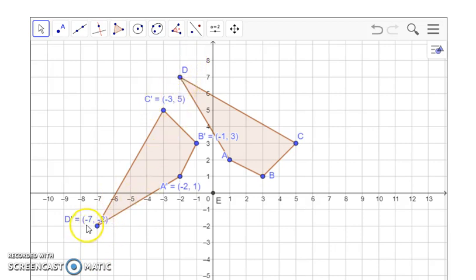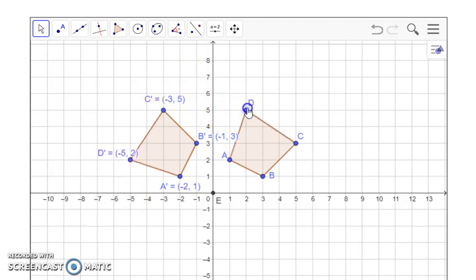So here I'm at 7 and then negative 2. And it's negative 7, negative 2 because I'm in the third quadrant. Both values become negative. So that's how I think through it: when I swap, what quadrant do I end up in with that rotation? So let me take the point back to where it was originally.